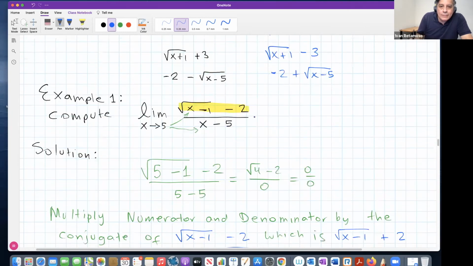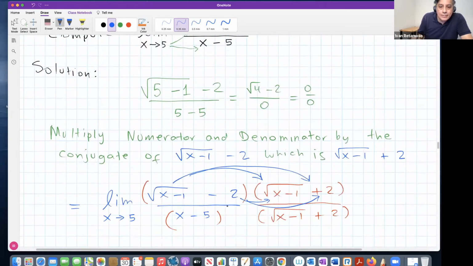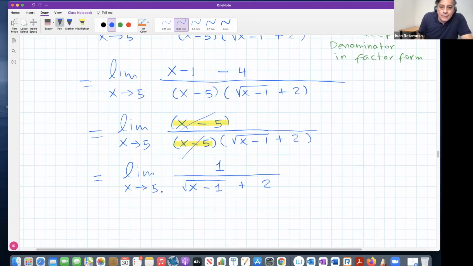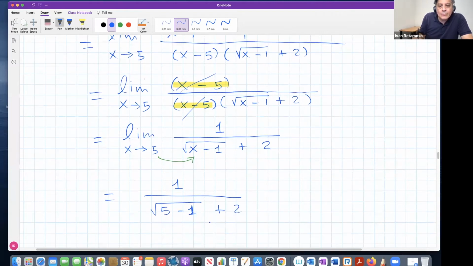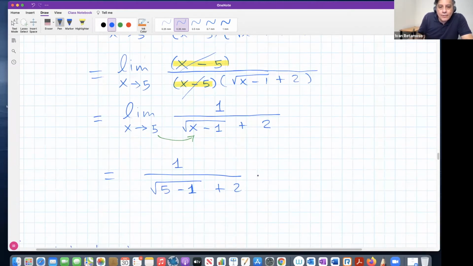I got a new function that should be better behaved than this original function, right? The original function, look here. Better behaved, Professor? What do you mean? Well, I mean, you can now do the direct evaluation without trouble. You will see. If we do the direct evaluation now, 1 over the square root of 5 minus 1 plus 2. 5 minus 1 is just 4.